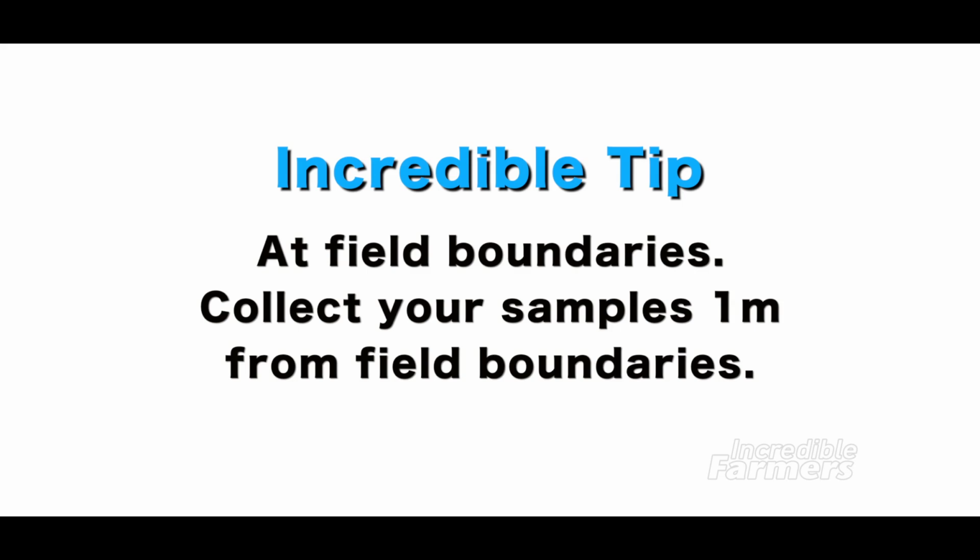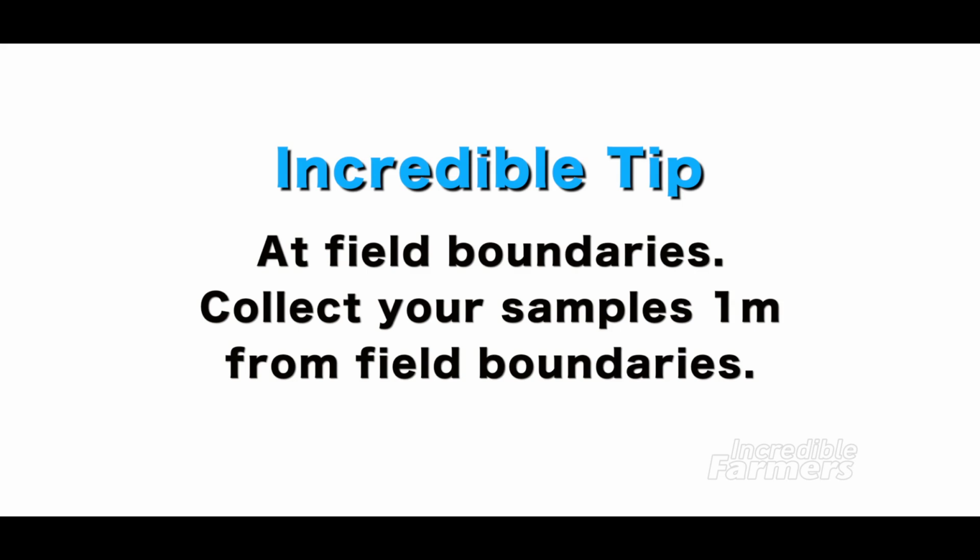There are several methods which are in use, including the zigzag method, W method, and the perimeter method, but we are going to be focusing on two types of soil sampling. When we are doing soil sampling, we collect soil given 1 meter from where the field ends. Then you choose your points using the zigzag method or the W method.